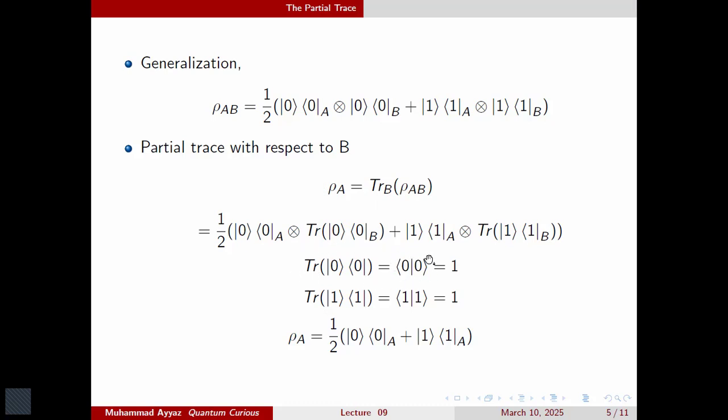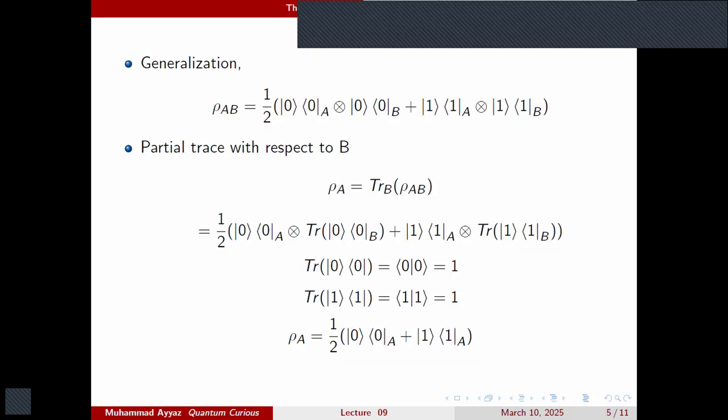The inner product of |0⟩ with |0⟩ is 1, and the inner product of |1⟩ with |1⟩ is also 1. Simplifying these traces, we easily obtain the reduced state of system A, ρ_A, again in the form given previously. But it is much easier and more appealing to see how we can obtain the reduced state from the joint state.